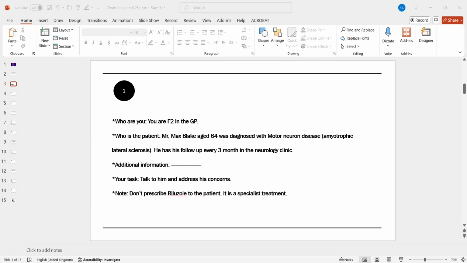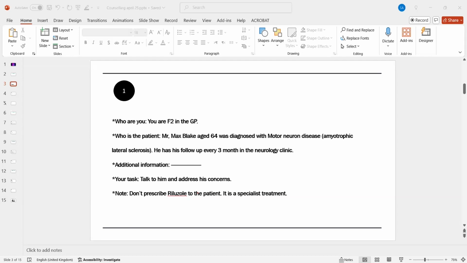So you ask about the muscle. If you would like to ask yes or no questions or close-ended questions, you can ask about muscle weakness, muscle stiffness, and spasticity in addition to speech problems. Okay?